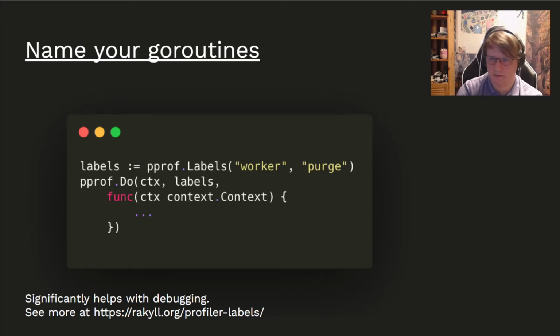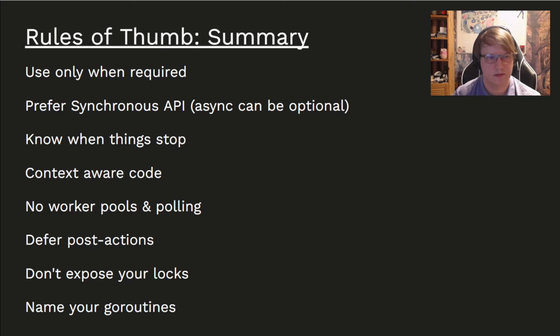There's a really nice blog post by Jaana at rakyll.org, profiler labels, if somebody wants to look at it. And so these are my rules of thumb, and usually none of them are a huge problem on their own, but if they accumulate, then they end up causing things that could be prevented.